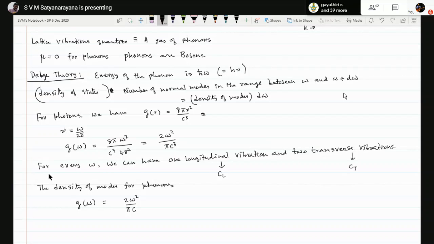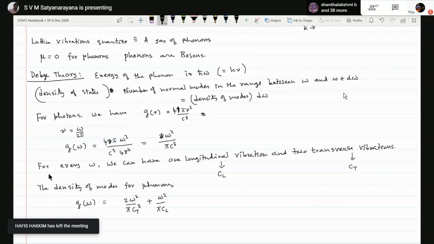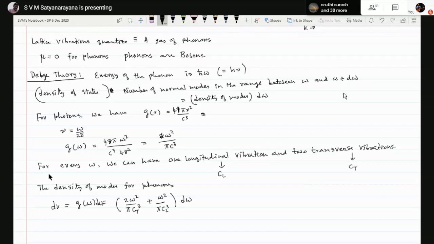We don't want to have polarization, so let us keep the 4, in which case this is simply omega square by pi c cube. Now for transverse, because there are two of them, I will write 2 over ct cube, plus omega square divided by pi cl cube, into d omega. G of omega d omega is equal to this, and this is what is given by the number of modes in this region.